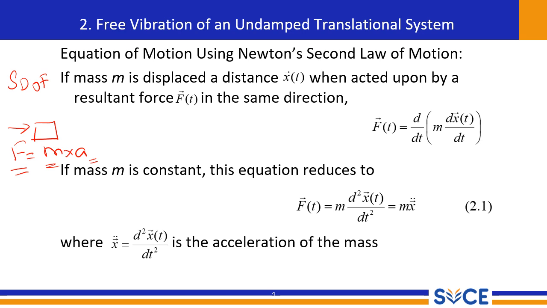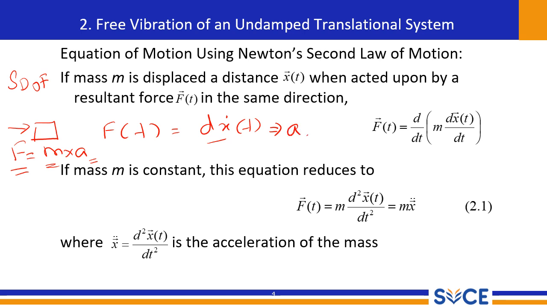Here, we see a more precise form of Newton's second law, suitable for systems where mass might change over time. F of t represents the force acting on the mass at any given time. The term dx/dt is the velocity with respect to time, and differentiating it again with respect to time gives the acceleration.